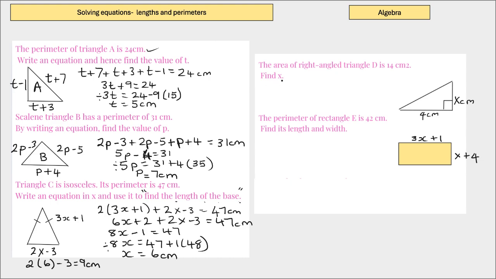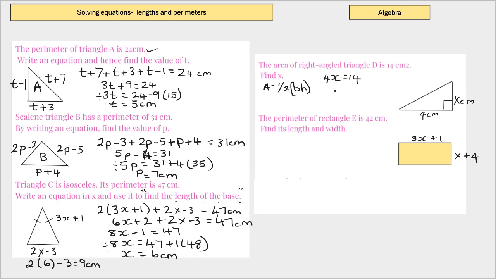This is the area of a right-angled triangle. So you've got to remember, to find the area of a triangle equals a half base times the height. That's multiplied. So we have 4 times x. So it's going to be 4x, because that's really easy to work out. It's 4x equals 14.